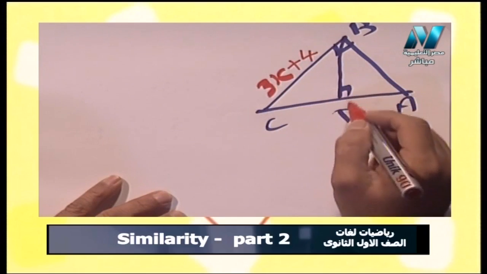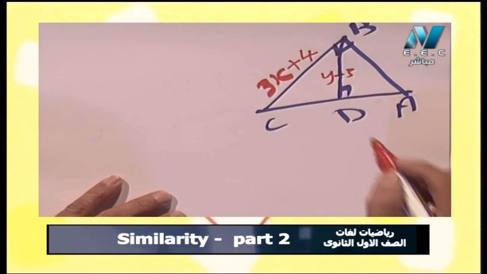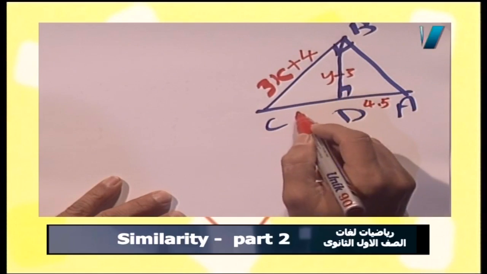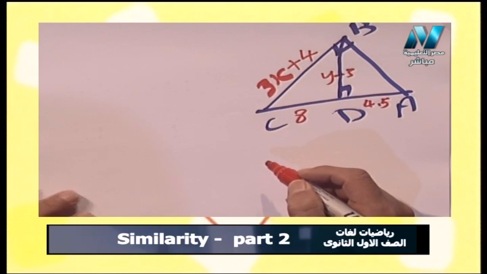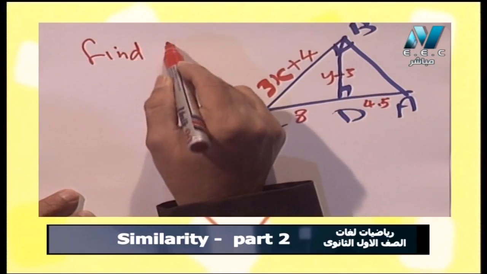We have BD equals y minus 3, and AD equals 4.5 centimeters, and CD equals 8 centimeters. So find x and y.